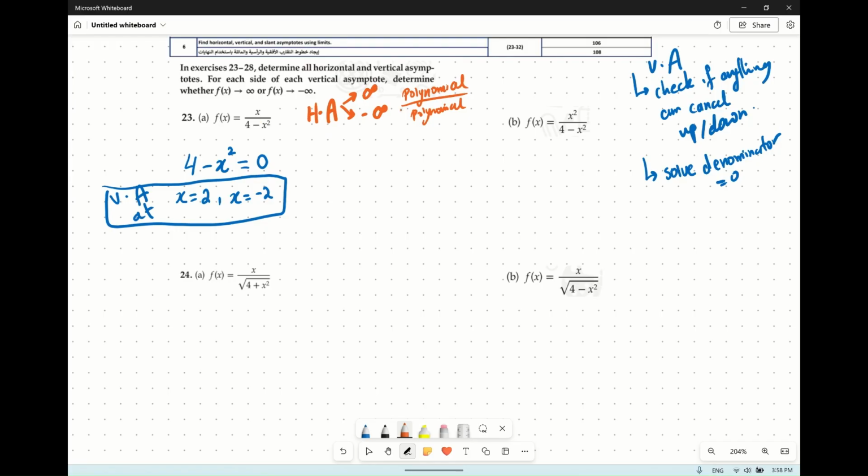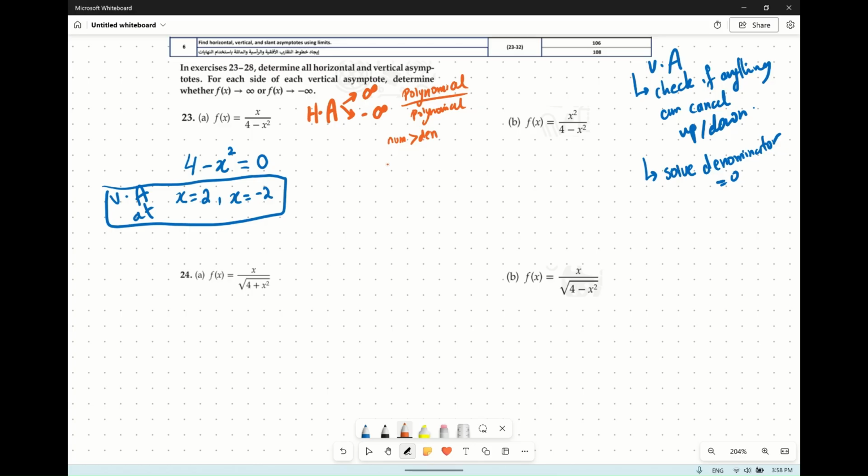We have rules. If the degree of the numerator is more than the degree of the denominator, then there is no horizontal asymptote.